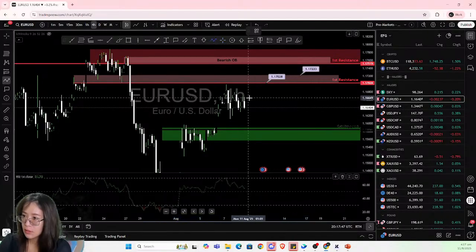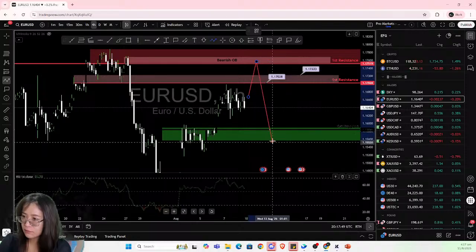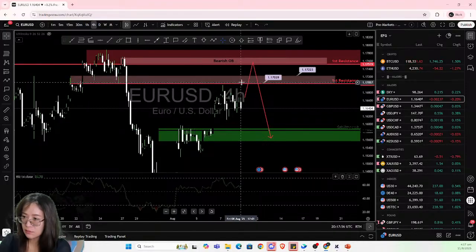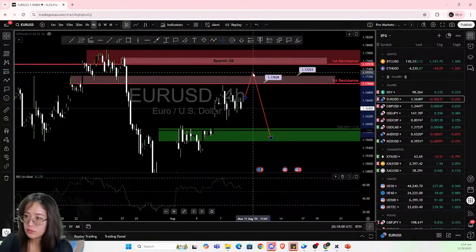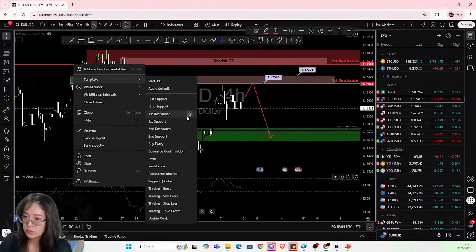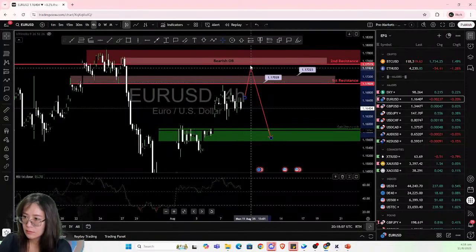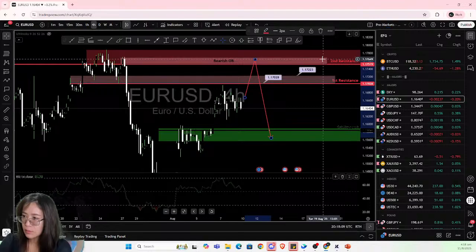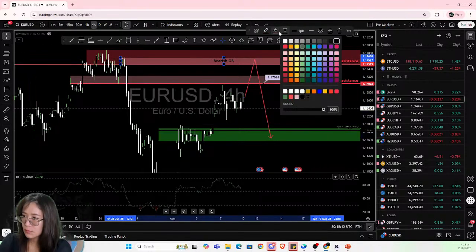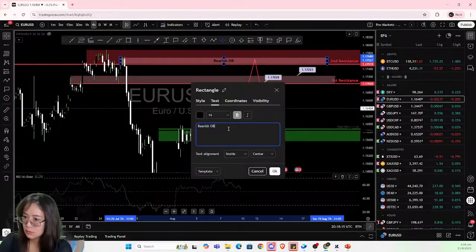So either they could rise and then fall. There might be a trader who sells somewhere around the resistance level and then it falls. That's possible if you don't see the confirmation at the first resistance, and then you could sell at our bearish order block, which is the POI.